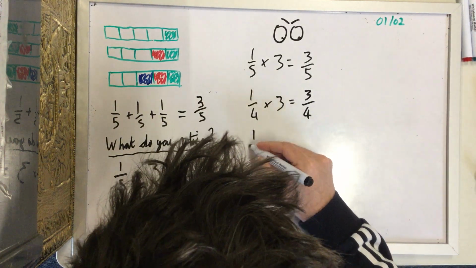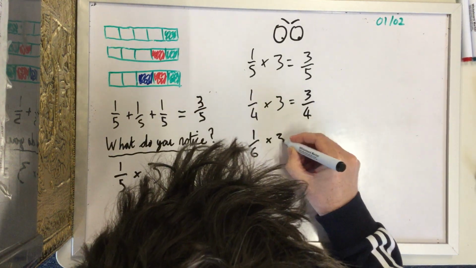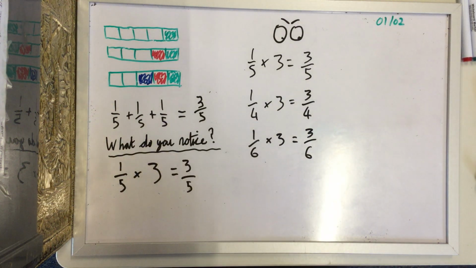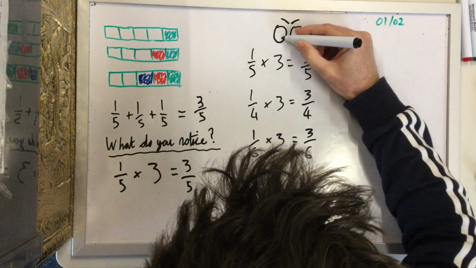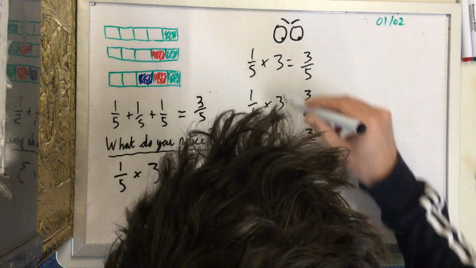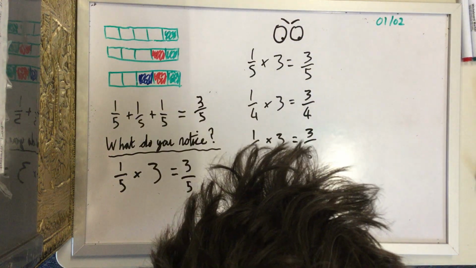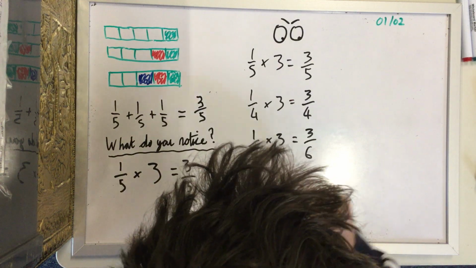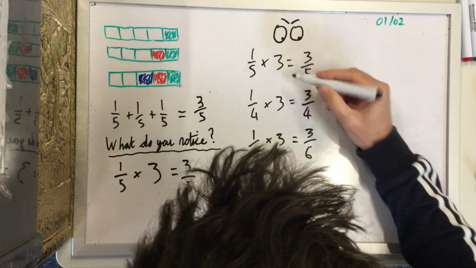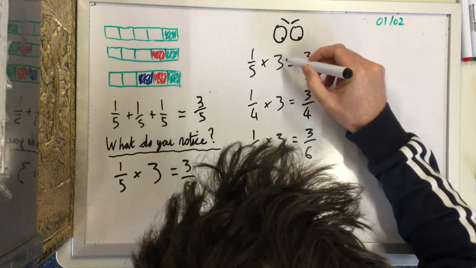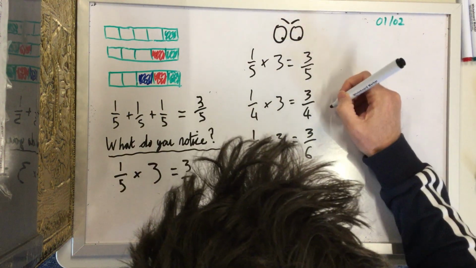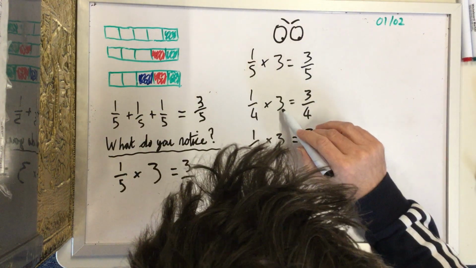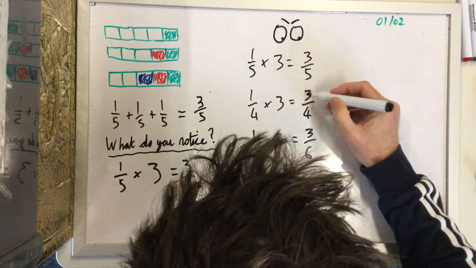We can even do 1/6 times 3 equals 3/6. So what you might be noticing already is a relationship across. You've got your unit fraction, your numerator is 1, the number you're multiplying by, and I've kept it simple for now, the same one is 3, and our answer is 3. And same here, we've got 1/4, and we times it by 3, and our numerator here is 3.